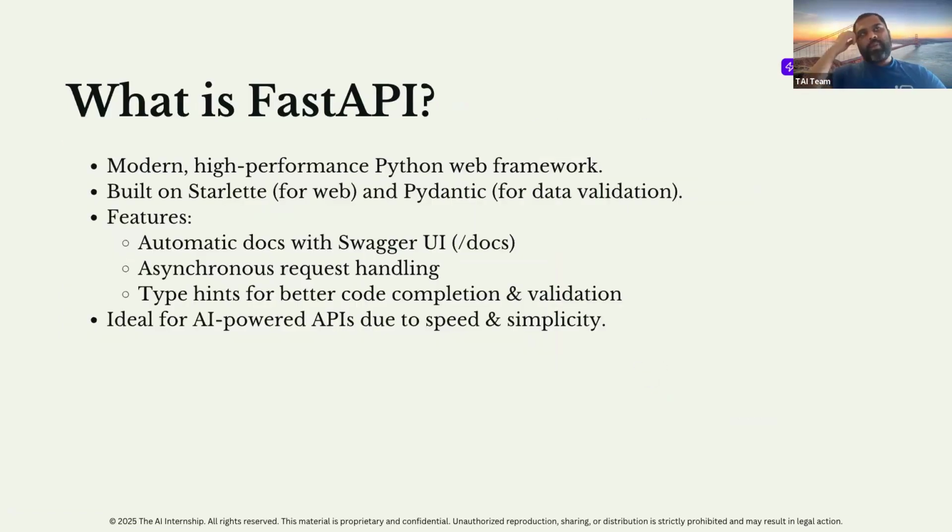So then moving on to FastAPI. As I mentioned earlier, FastAPI is one of the Python libraries that you can use to create these APIs for your application. There are alternatives like Flask, Django, and other libraries.